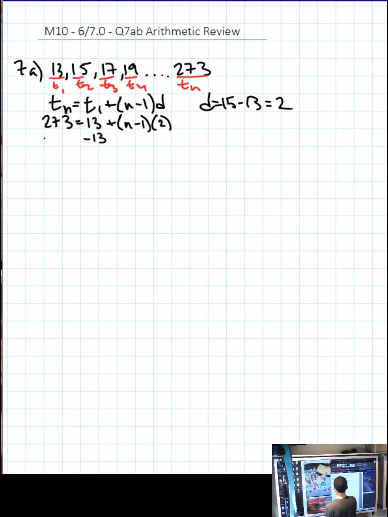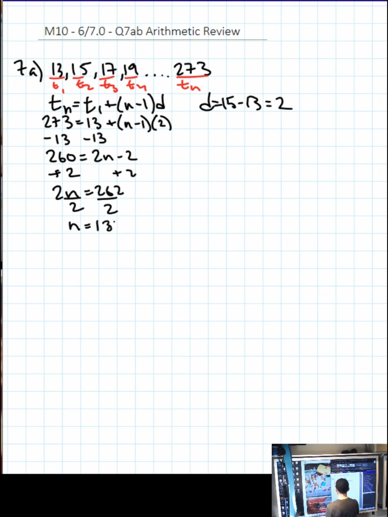Minus 13 from both sides, 260 equals, distribute backwards, 2n minus 2, add 2 to both sides, 2n equals 262, divide both sides by 2, and then n equals 131. Circle your answer. Therefore, 273 is the 131st term.